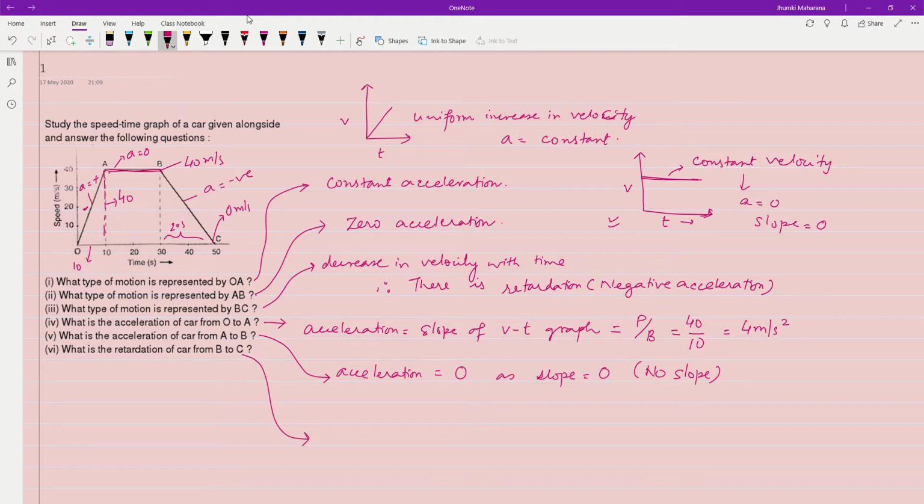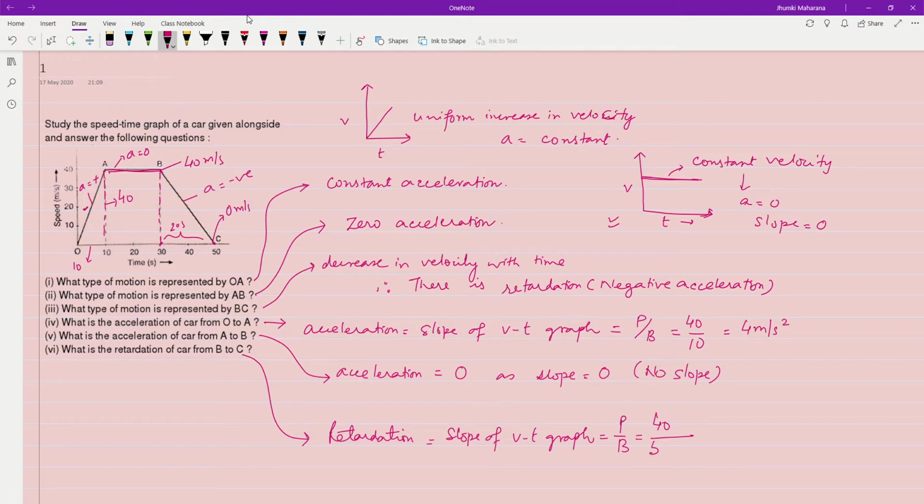Now retardation, where is retardation? It is between B and C. So retardation would be equal to slope of VT graph, and BC represents retardation here. So this would be equal to perpendicular by base. So what is the perpendicular here? This is 40 divided by what is the base here. Now if you see the time, it is 30 here, 50 here.